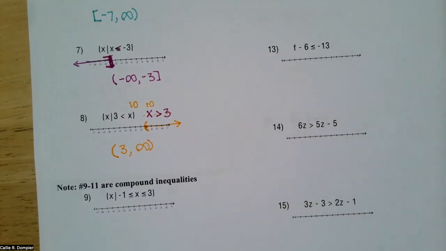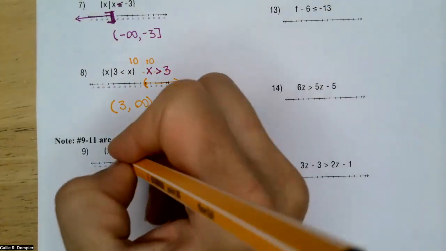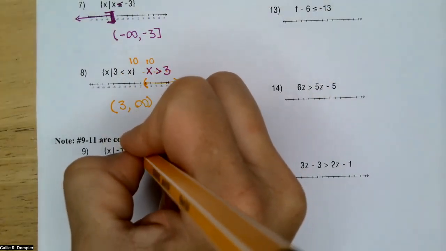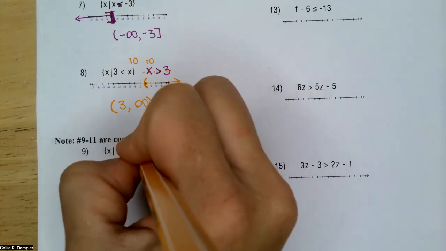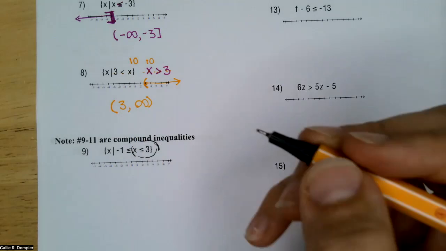All right, now we have compound inequalities, which means that we are not graphing necessarily towards infinity, okay? We might just be graphing between -1 and 3, for example. So you're welcome to just look at this part to start. This part we're familiar with, right? x is less than or equal to 3.